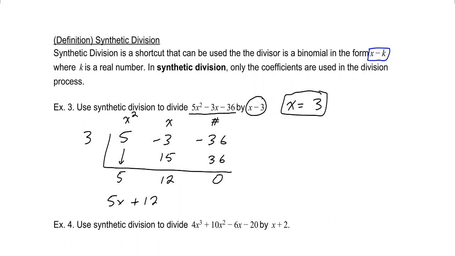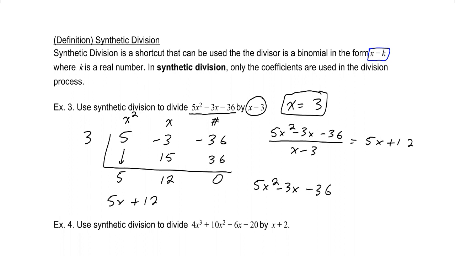All right, so I'm going to go ahead and write out what this means. 5x squared minus 3x minus 36 divided by x minus 3 is equal to 5x plus 12. Division algorithm form would show us this one actually factors because we have a remainder of 0. We can see that.